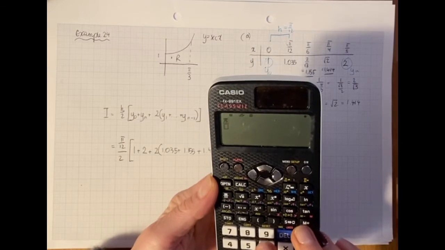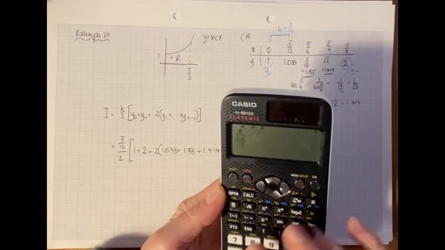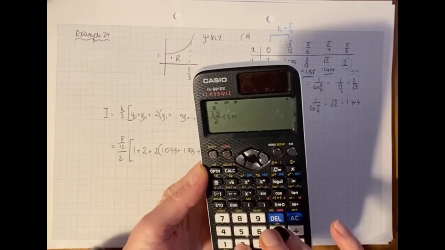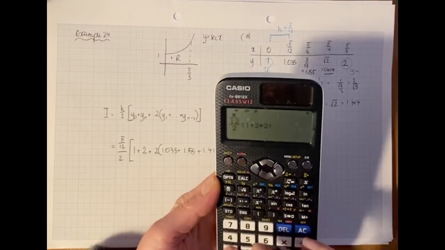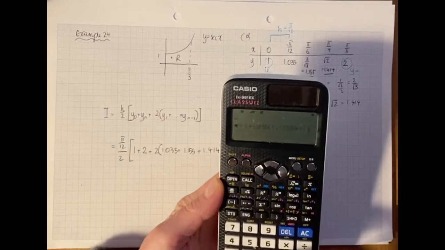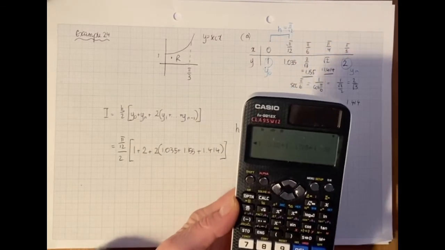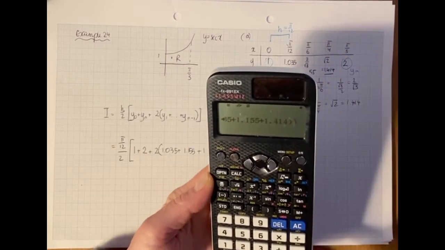So we've got pi over 12 in the numerator, over 2 in the denominator, open brackets, you've got 1 plus 2, plus 2 lots of open bracket 1.035, add 1.155, add 1.414, close brackets, and close the first bracket and the second bracket.